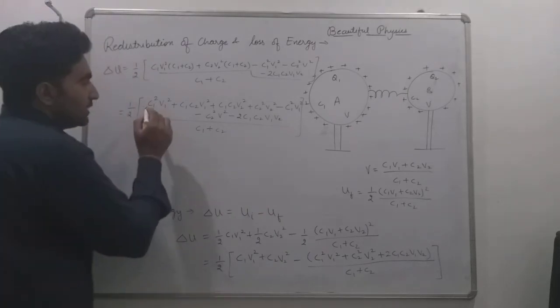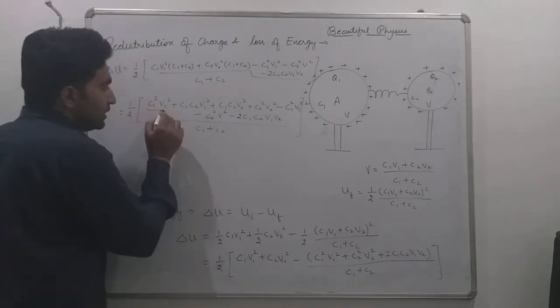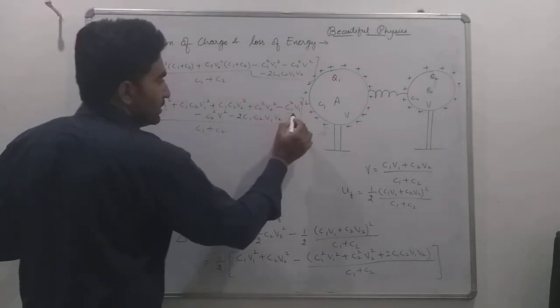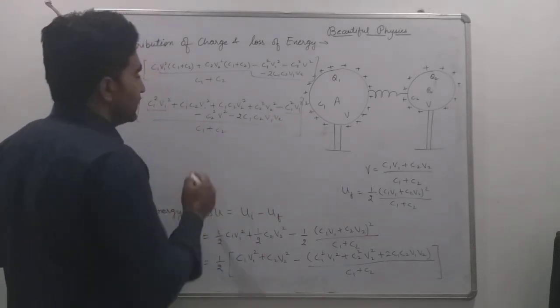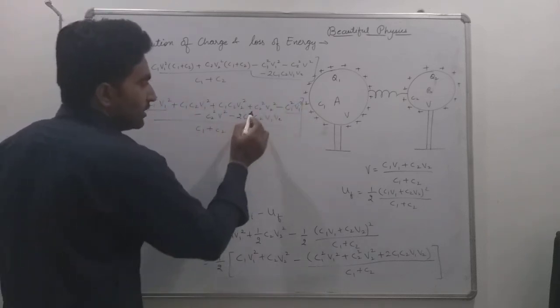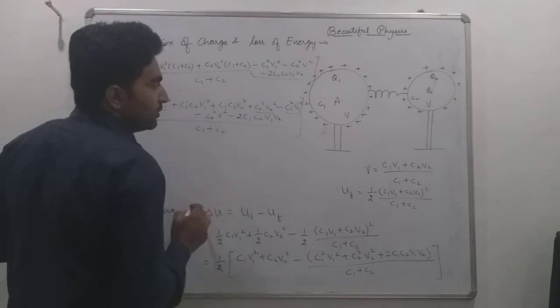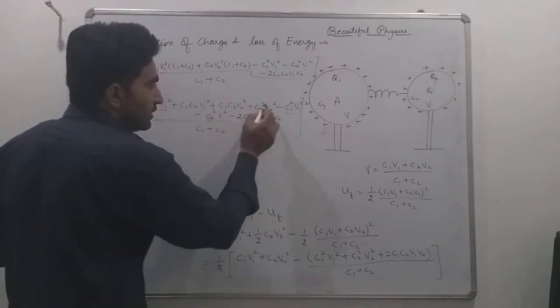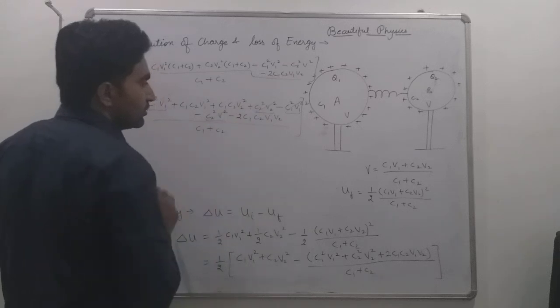We can see that here we have C1 square V1 square with positive sign and C1 square V1 square with negative sign, so these terms will cancel out each other. Again we have C2 square V2 square with positive sign and C2 square V2 square with negative sign, so these terms will also cancel out.